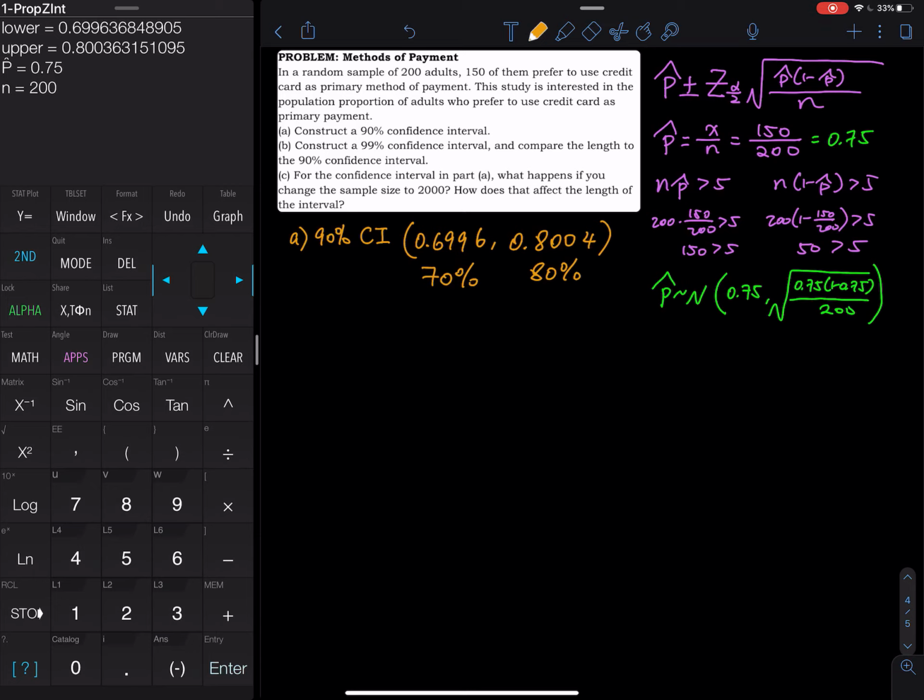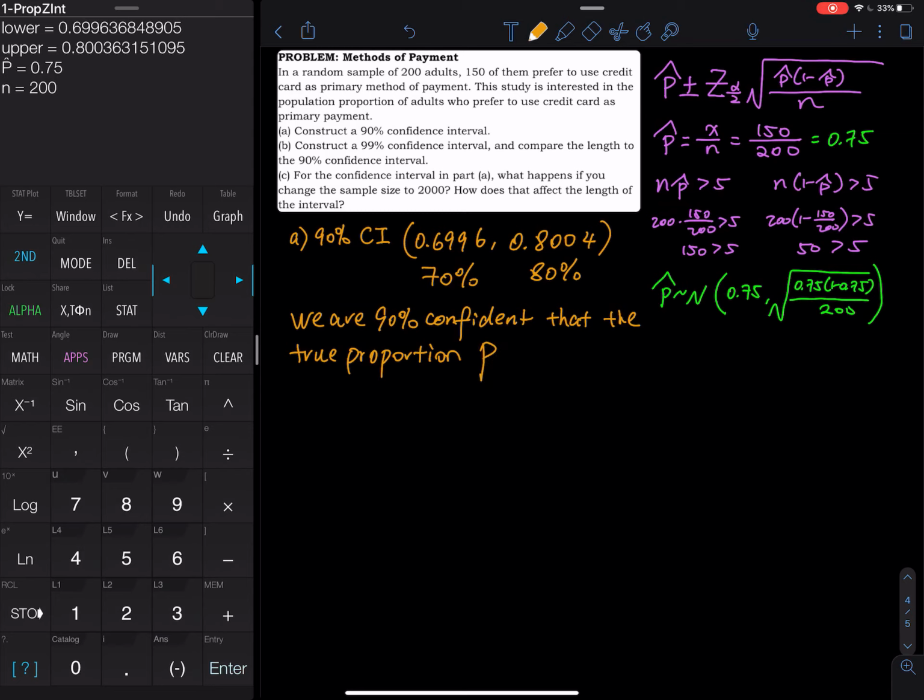So what does that mean? That means we are 90% confident that the true proportion. What is true proportion?